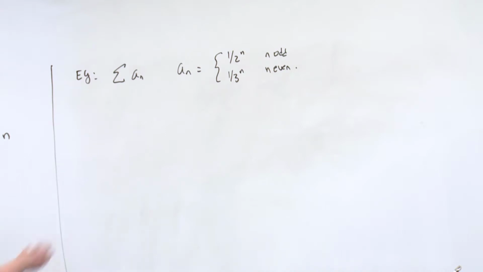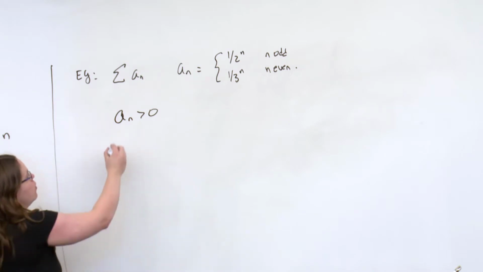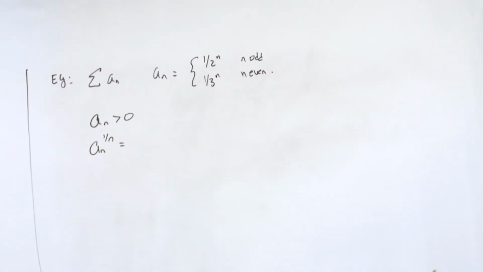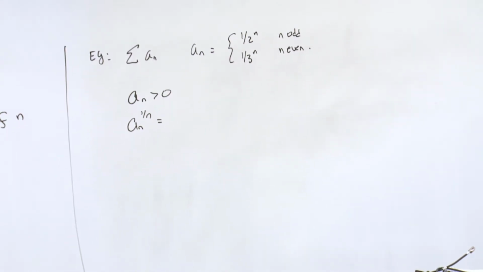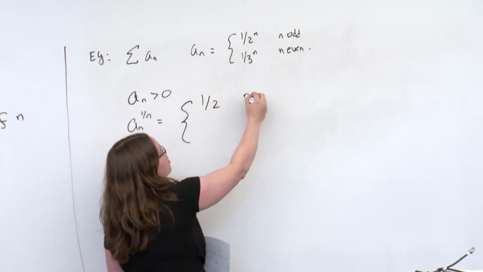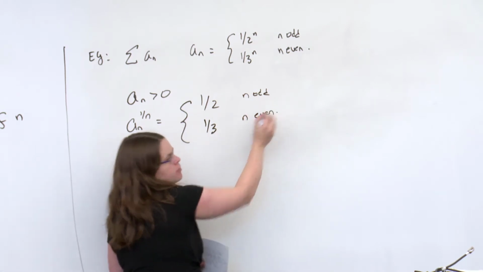All of these terms are positive. We need that for the root test. We know we're going to need to take the nth root of these things. That still gives us an even-odd distinction. It's going to be a half if n is odd, and a third if n is even.